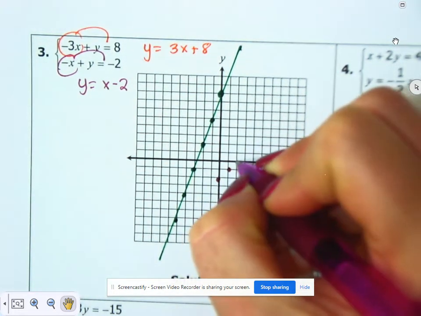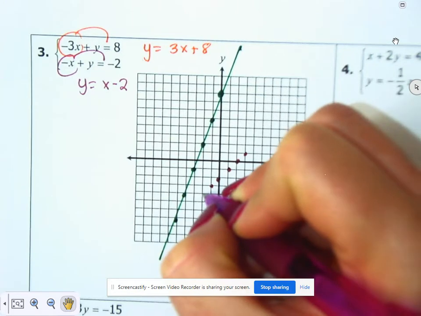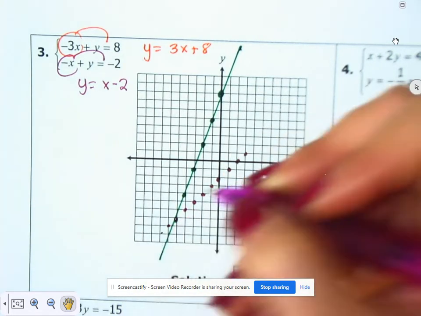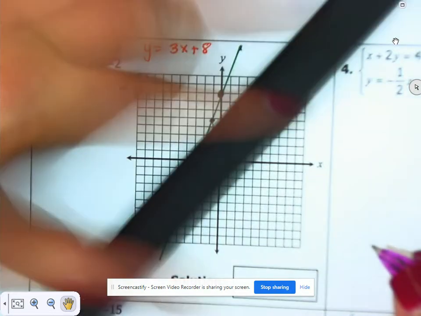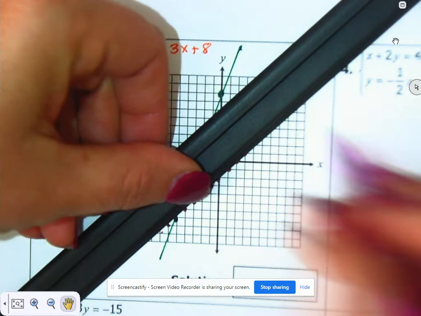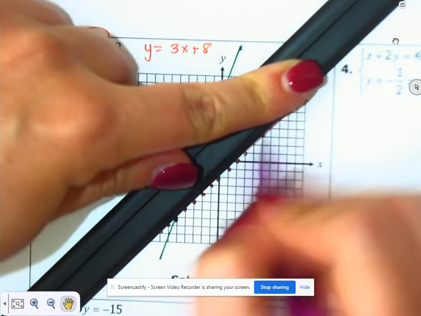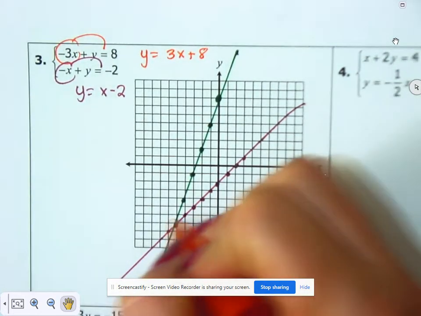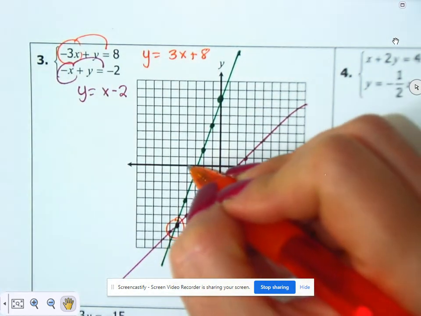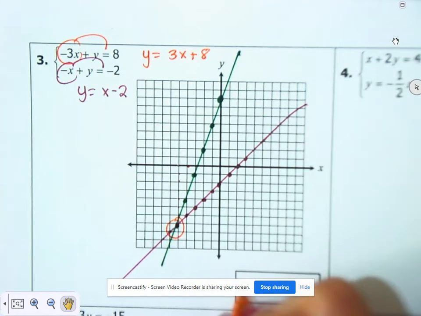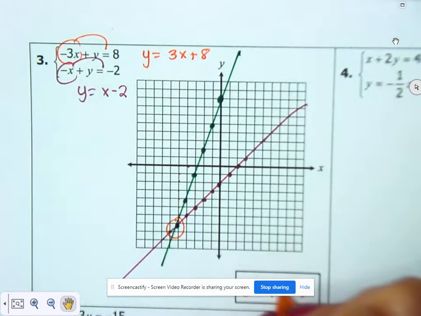And again, if I go up 1 and over 1, they don't appear to be intersecting, so I need to go in the opposite direction, and there's my intersection right there. Okay, so I need to find this ordered pair right here, which is -5, -7.